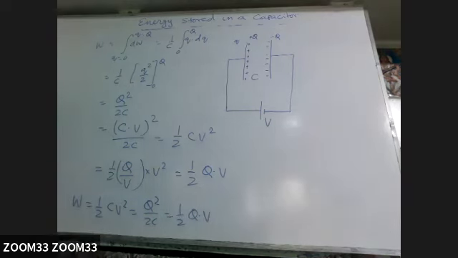Any one of the formulas can be used. We got the same formula by using the mechanical work method, the work we did in separating the two plates. Whatever work we have done is stored in the form of potential energy. So if we say potential energy is stored, then this is the formula.